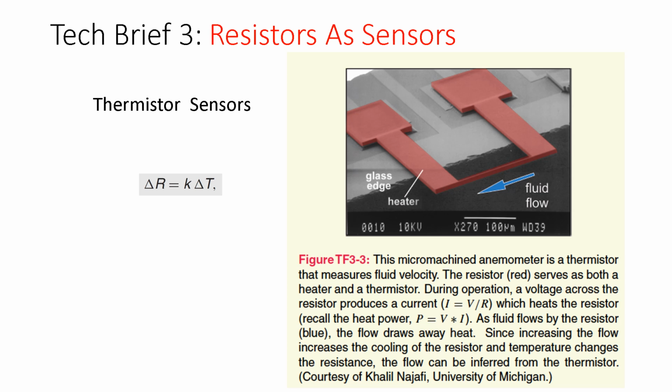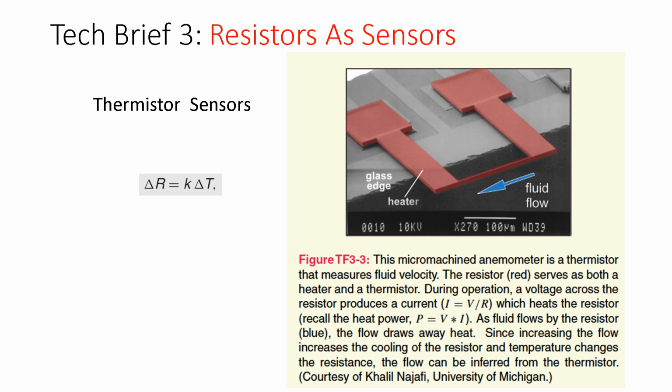And how the sensor works is, if we remember, anytime we put current through a resistor, it gets warm. And so at its very base level, as we're putting current through this resistor, it's getting warmer, but as fluid is flowing over the resistor, that's removing heat, and we can measure the resistance based on the fluid flow.